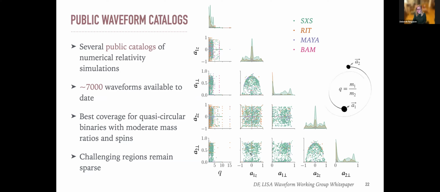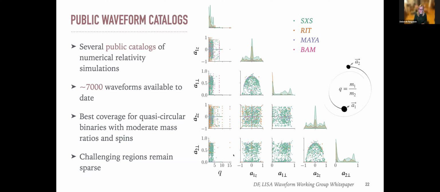And then even within these other dimensions, which are more projections showing like A1 perpendicular versus A2 perpendicular, you can see there are parts where it's densely populated and some other parts where it's sparse, and we're definitely missing some data points.